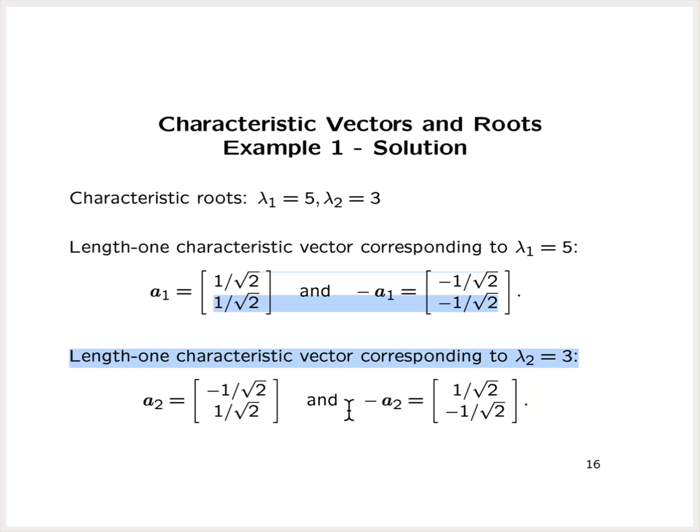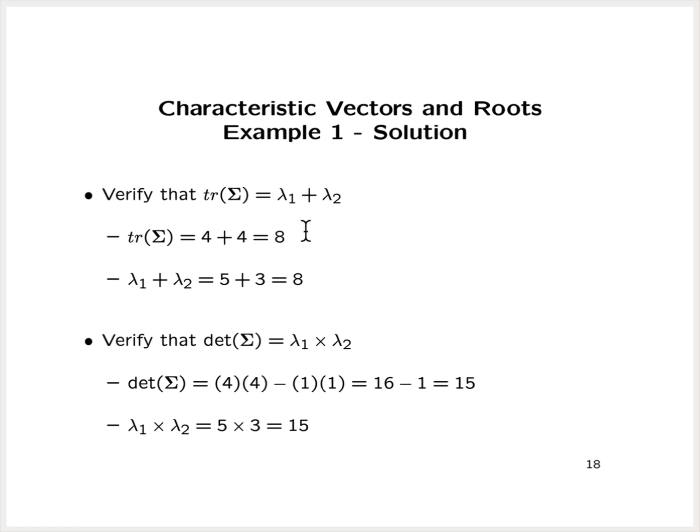And so we could use either one of these. A2 would be this 2 by 1 vector with entries negative 1 over the square root of 2 for the 1,1 entry, and positive 1 over the square root of 2 for the 2,1 entry. So again, corresponding to each of these characteristic roots is a length 1 characteristic vector. We could use either A1 or negative A1. We could use either A2 or negative A2.